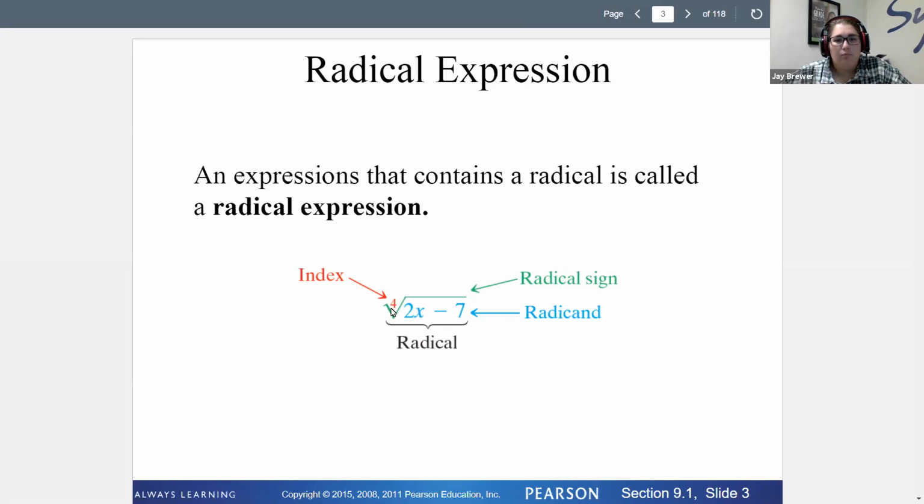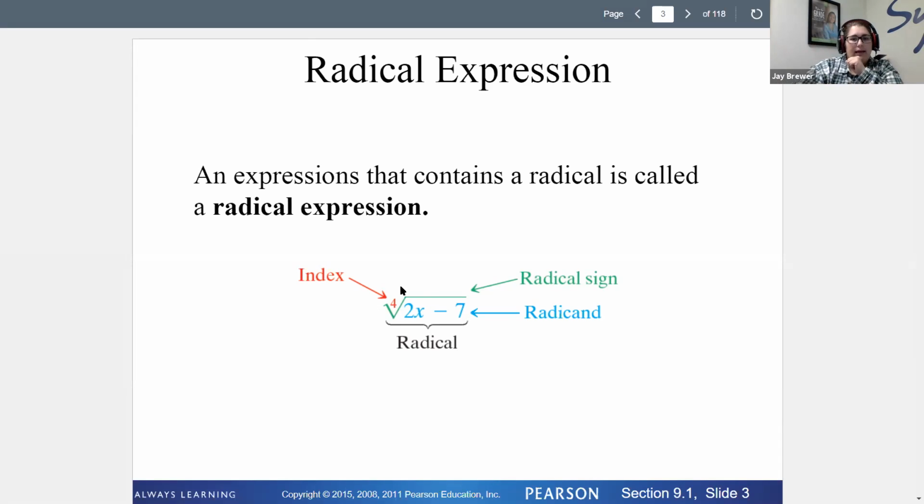And because there's no understood one, if it's a 1, it's just a regular expression. There's nothing else extra. So for a root, 2 is what we consider understood. If you just see the radical, that's it, it's a square root.